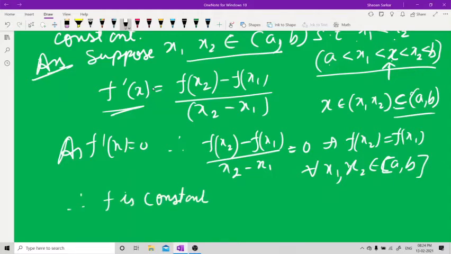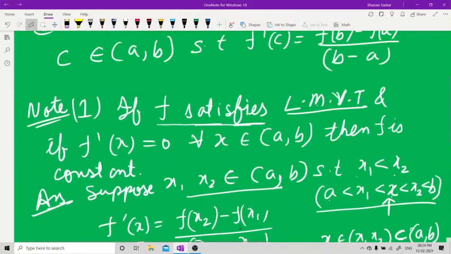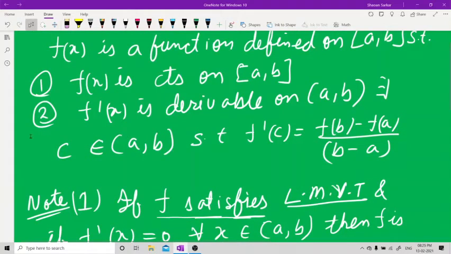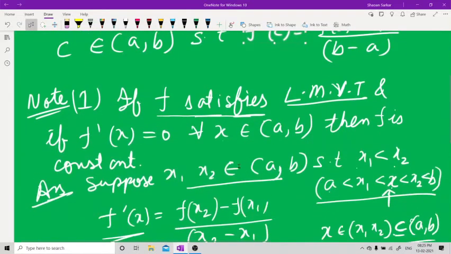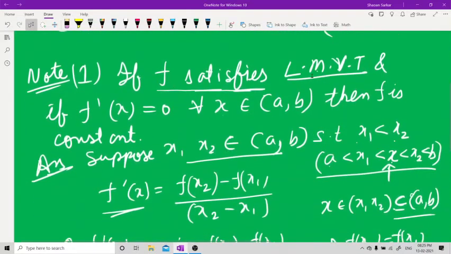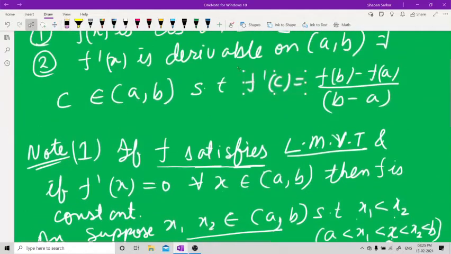Try to understand what we did. What I have tried to do is, basically, I have this c inside (a, b). This is the statement: f'(c) is (f(b) minus f(a)) by (b minus a). Now I am saying that f satisfies the Lagrange mean value theorem, which means this condition holds.